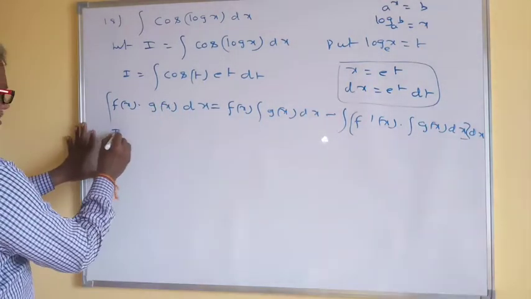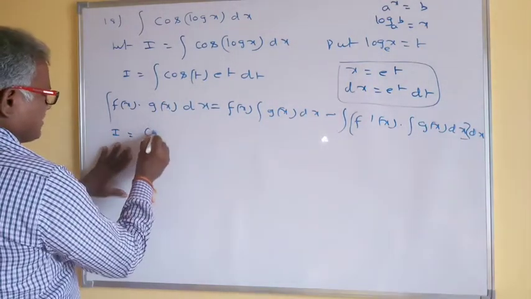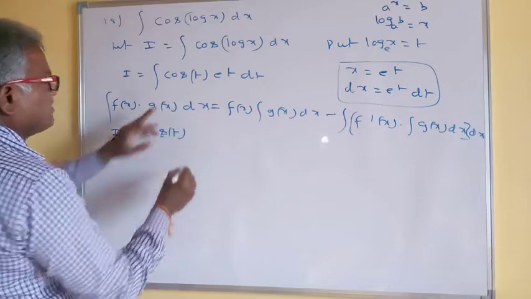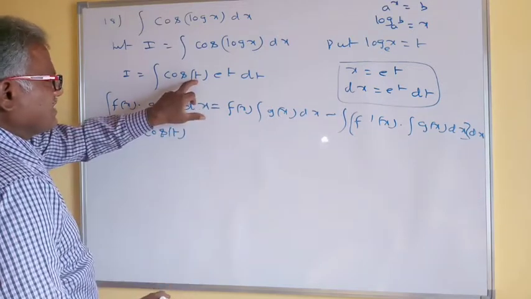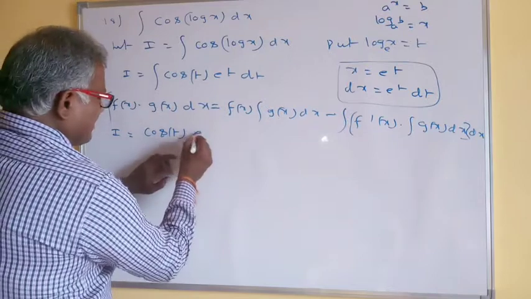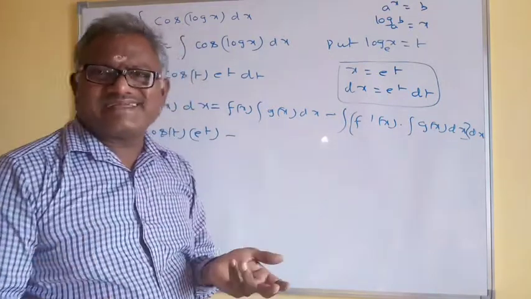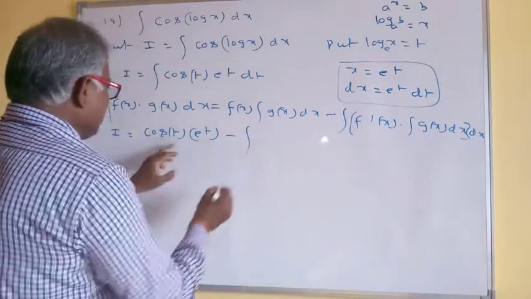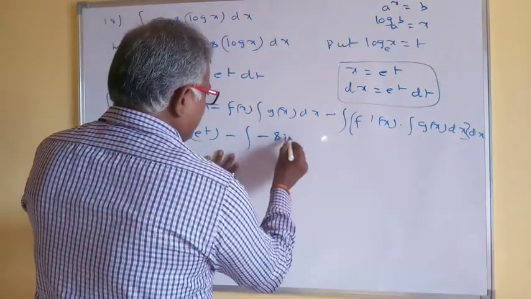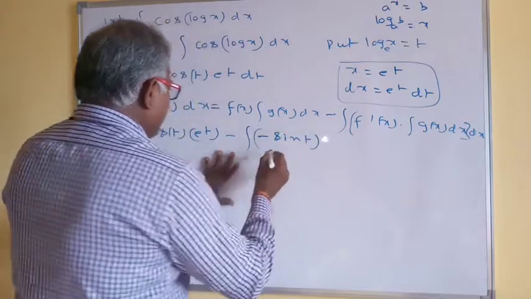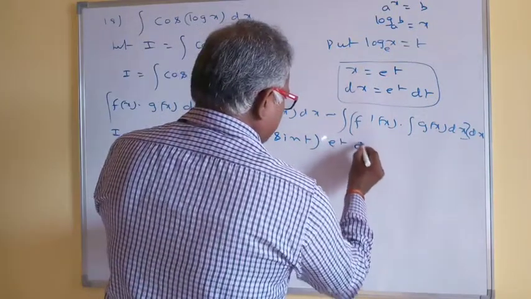Now directly here, first function cos t, second function e power t, integral value e power t, minus derivative of cos, minus sin t, again integral value e power t.